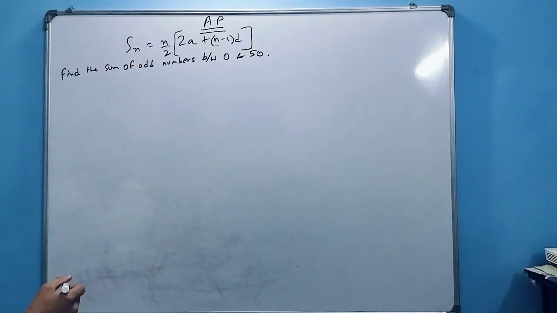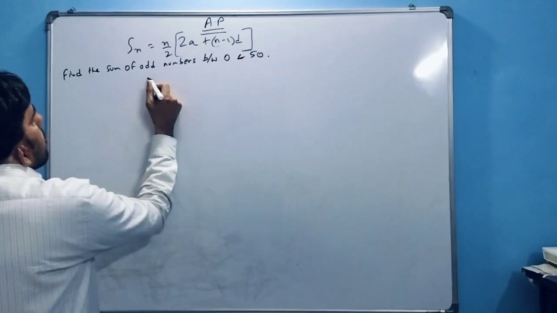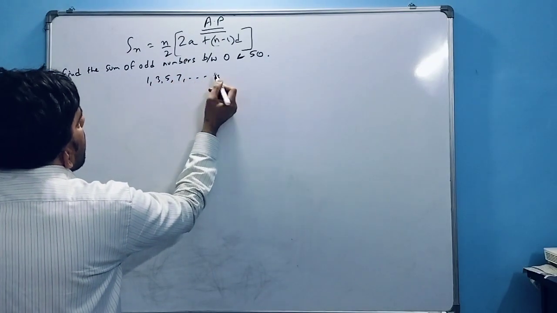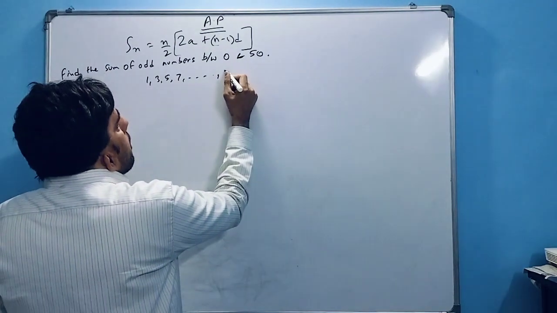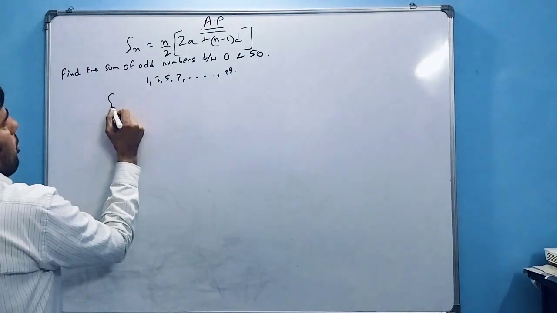Now let us see how we can try to find it. First odd number is 1, then 3, then 5, then 7. Like this we can find between 0 and 50, and the last will be 49. Okay. So now how to find the sum?